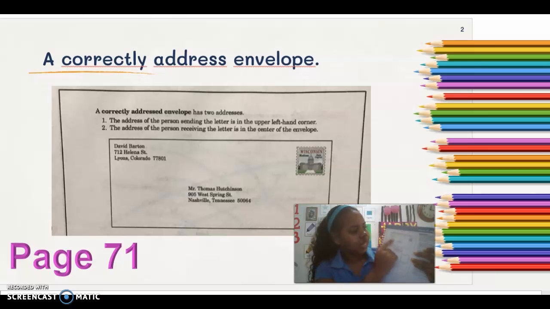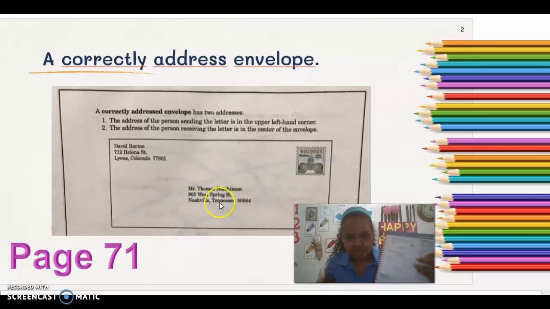The address of the person sending the letter is in the upper left hand. It's on the left side, not on the right side. And in the middle, in this part, the address of the person who is receiving the letter.